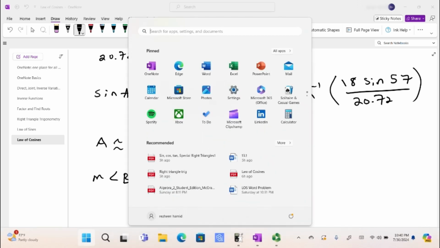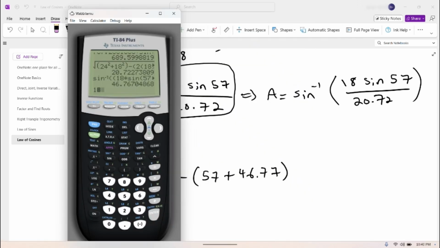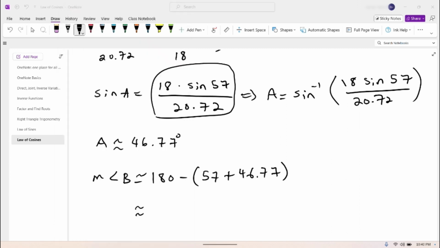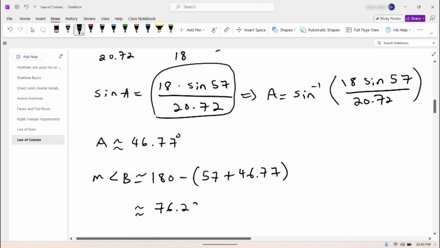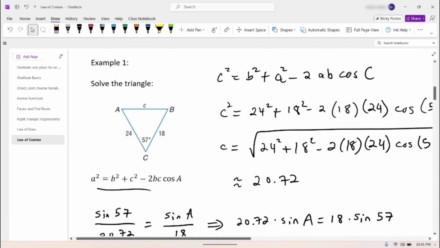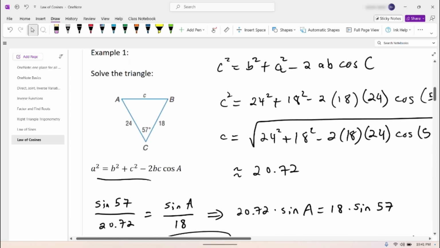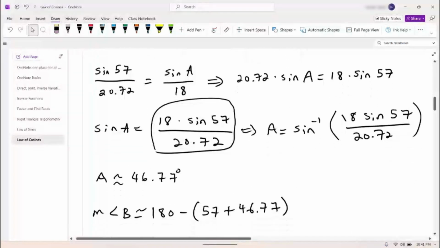Let's grab our calculator again. 180 minus 57 plus 46.77, and we get 76.23. Let's see if that makes sense. Angle B looks very similar to angle A in measurement, but based on our calculation, that's what we got.